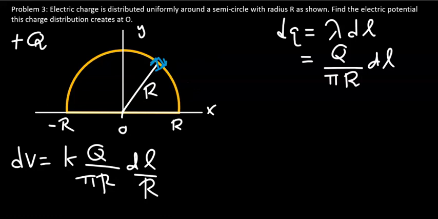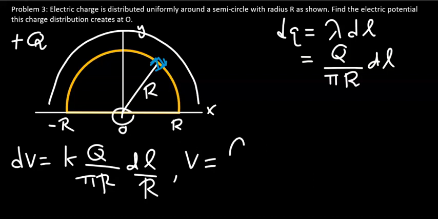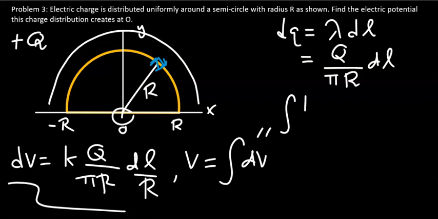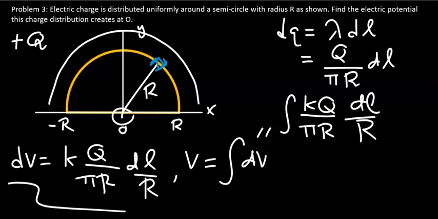So the potential created by this entire ring at this point can be obtained by simply integrating terms such as that one. And that's going to be quite simply an integral of kq over pi r dl over r.